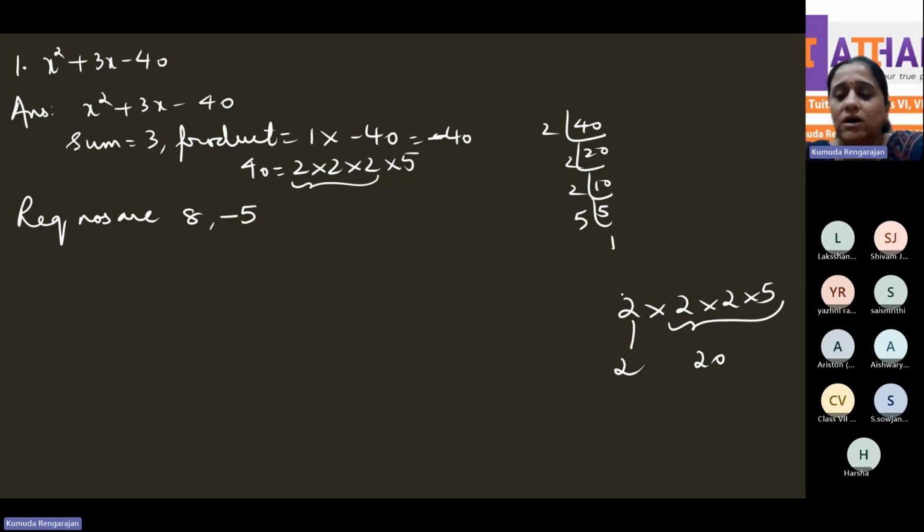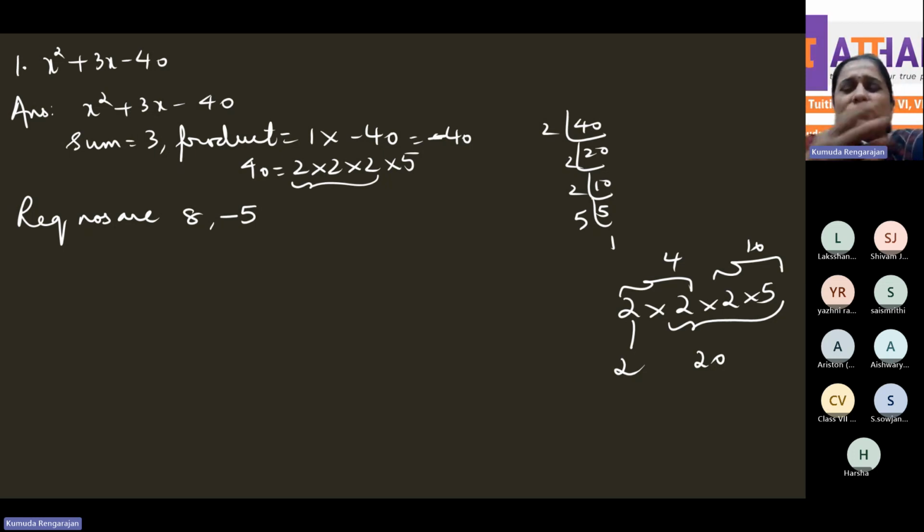Or you can make 2 into 2, 4, and 2 5s are 10. You can make these two numbers, 10 and 4. 10 into 4 is 40. You will get the product because they are the prime factors of 40. The sum with 4 and 10: 10 plus 4 is 14, or 10 minus 4 is 6.